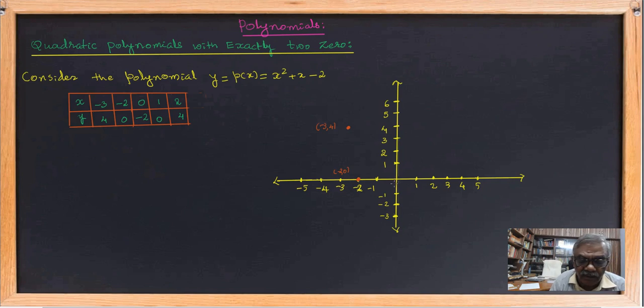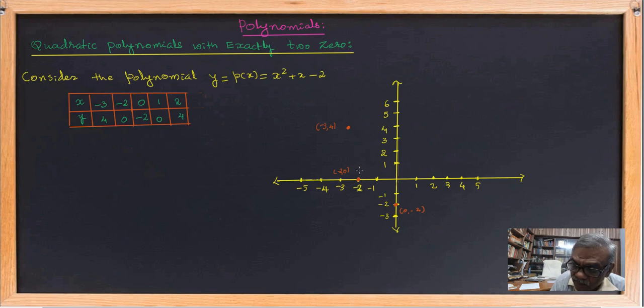And 0 and minus 2, here. And minus 2 and 0, okay, y equal to 0.